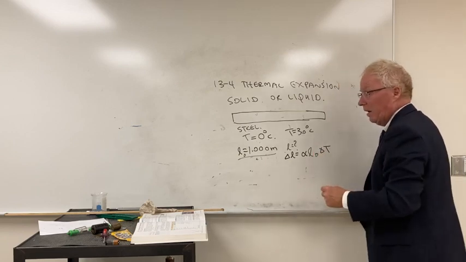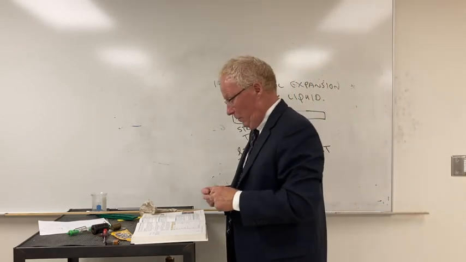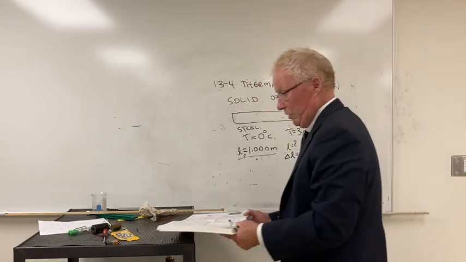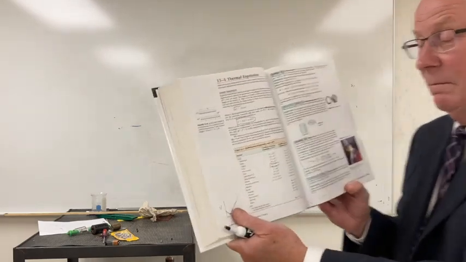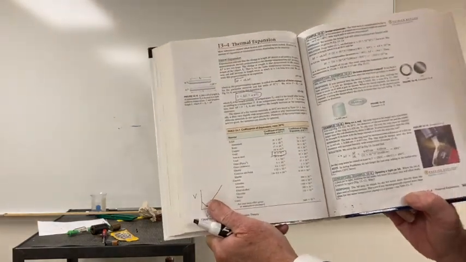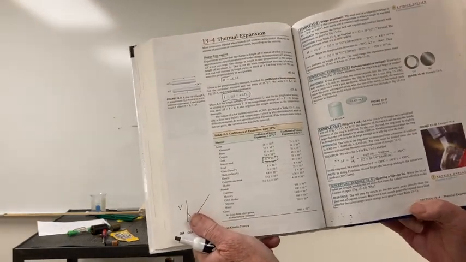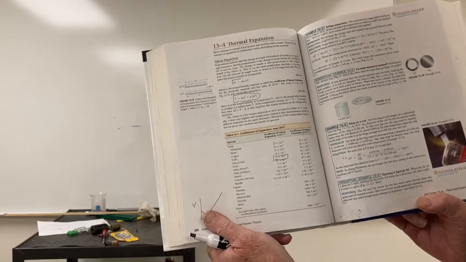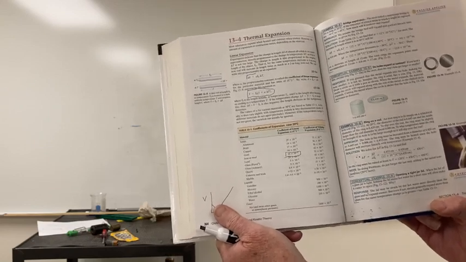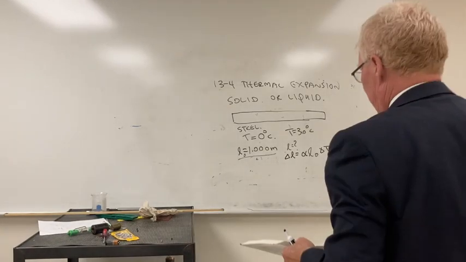So alpha is the coefficient of expansion, which I'll show. This is from table 13.1, near 20 degrees, but it's approximate.